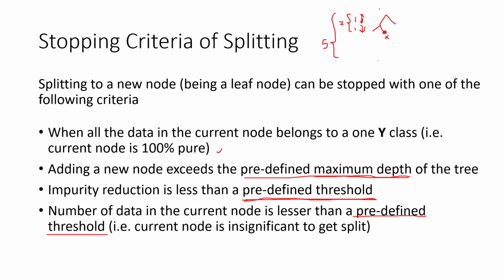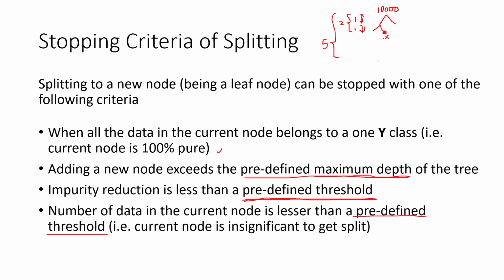Because within the 10,000 data points, when you start here, all the other nodes should take care of the 9,995 data points, and only this node is taking care of 5 data points. So adding more nodes below this particular tree node may only increase the accuracy or reduce the impurity for a very small number of data points.